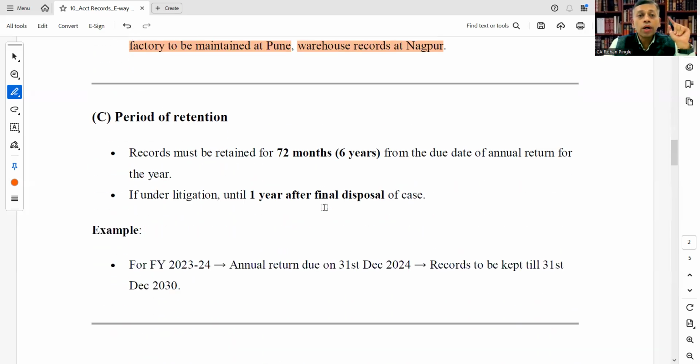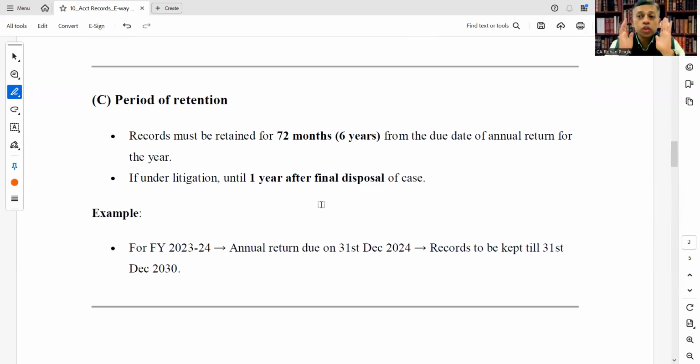Now, moving forward, period of retention. Once you know what records and books you need to keep and where to keep them, you now need to know the period of retention. Records must be retained for 72 months, that is 6 years, from the due date of annual return for the year.